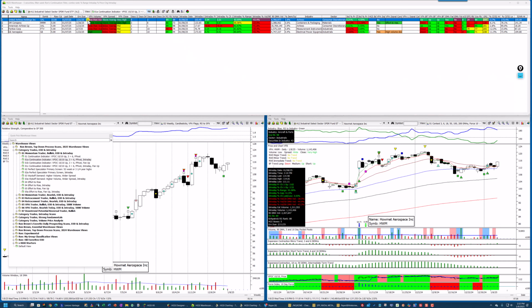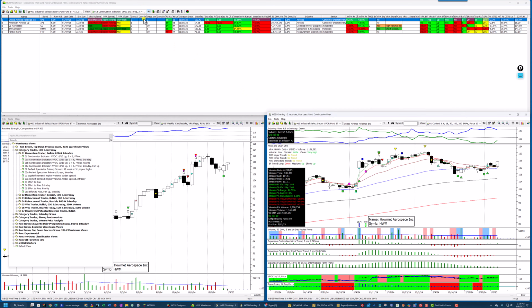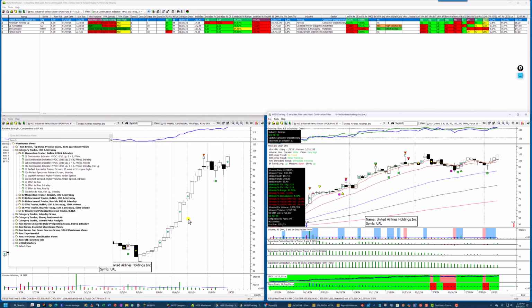So let's start with UAL. You can see that it crossed over yesterday on the 3-6 crossover, and the VPOC 3 days ago. So I need to bring up the charts. I'll click on United Airlines. You can see that this has been a very strong weekly chart. Bring up the arrows here.